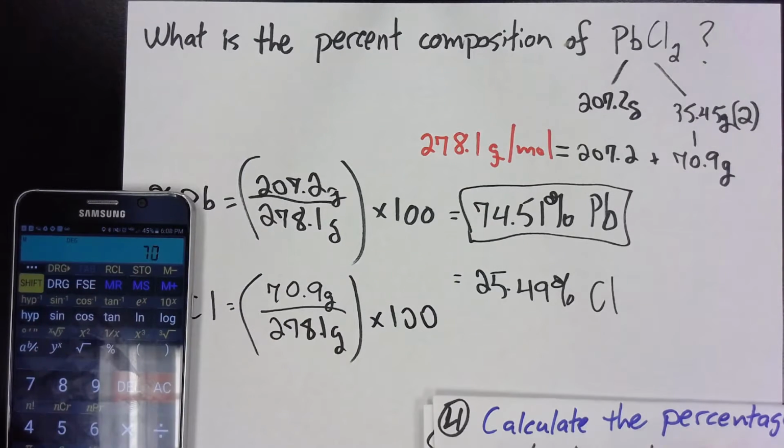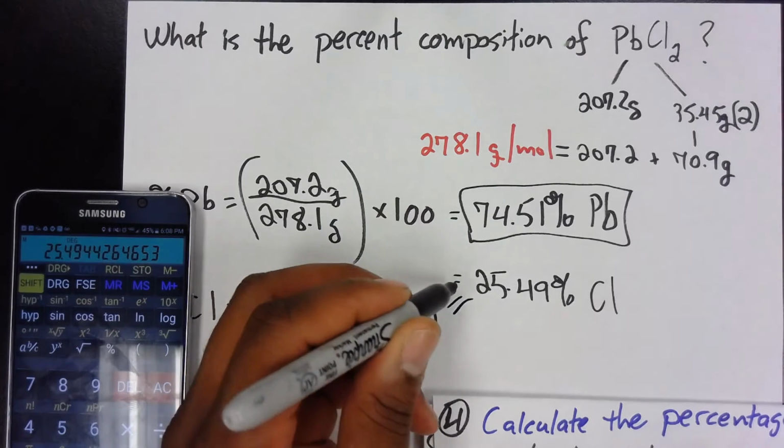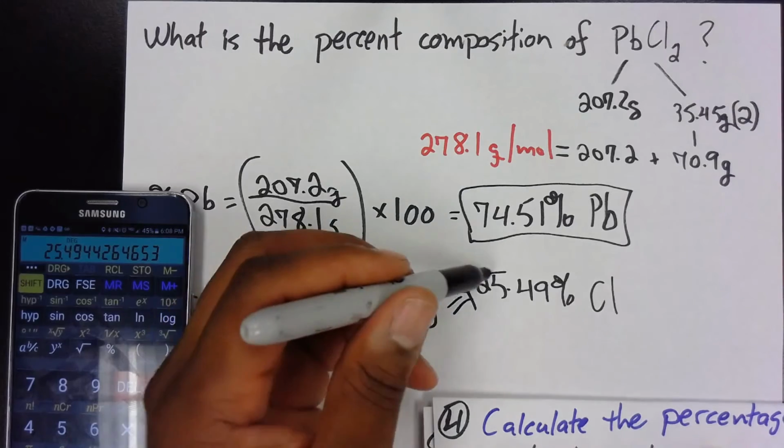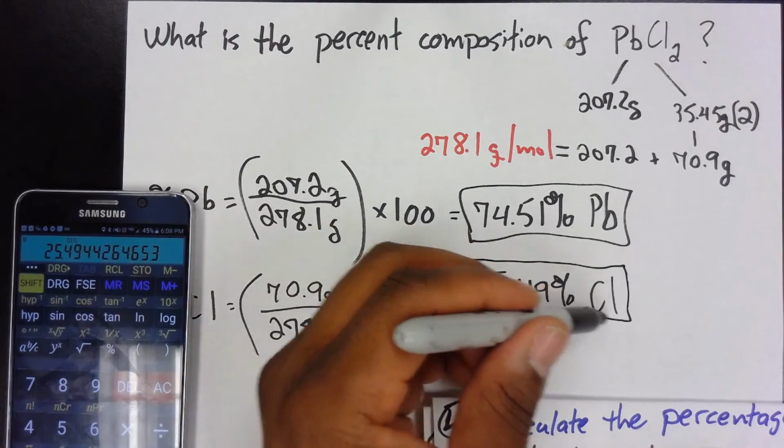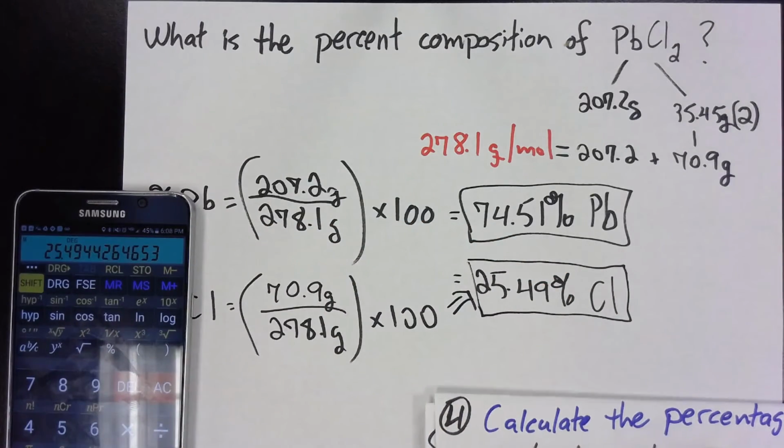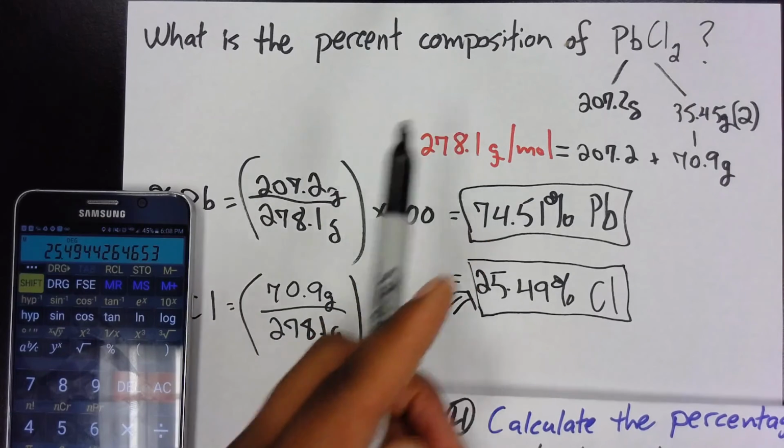So 70.9 divided by 278.1 times 100, that's 25.49. So there it is. This is my percent chlorine. And this is how we calculate the percent composition.